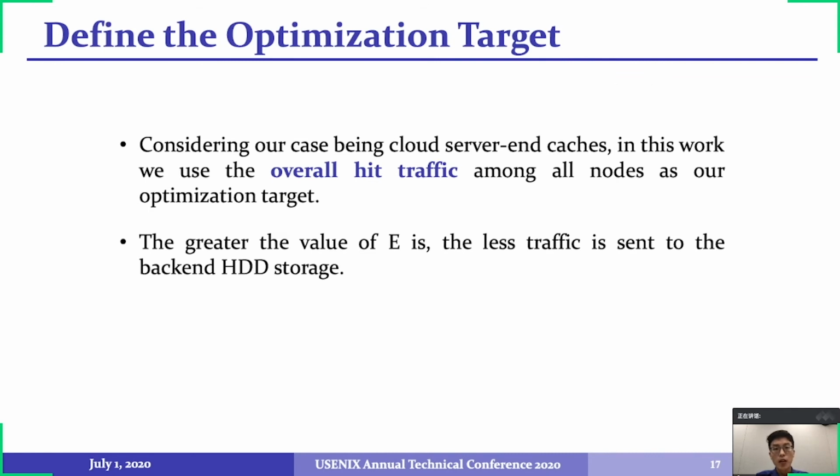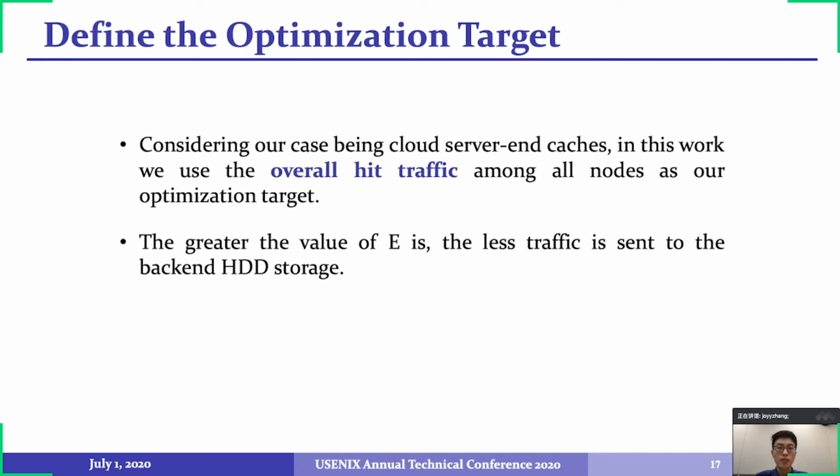With the above cache miss ratio curve, we then need to define the optimization objective function. Here, we consider our case being cloud server and cache, so we define the optimization target as reducing the access traffic of the backend storage.